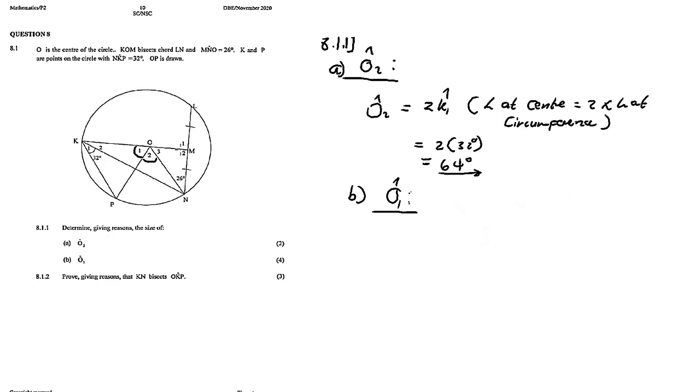So here I have 90 degrees. 90 plus this 26 is the exterior angle of a triangle. These angles, when added, give O1 plus O2. So 26 has a relationship with O1 as well as O2.